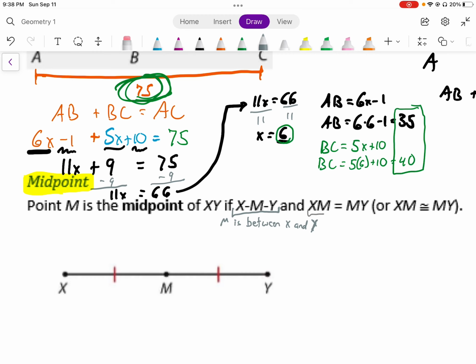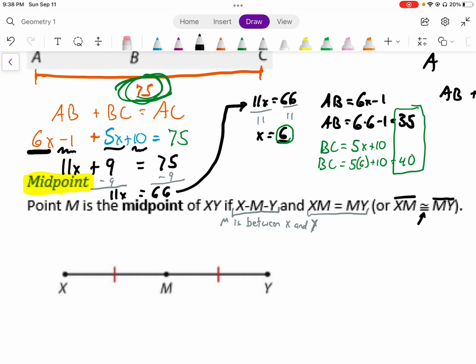It also has to be that XM is congruent to MY. So M's between them, but we also know that it splits it into two segments that are equal. Actually, this isn't even written correctly. If I'm going to use congruent, I have to use segments.